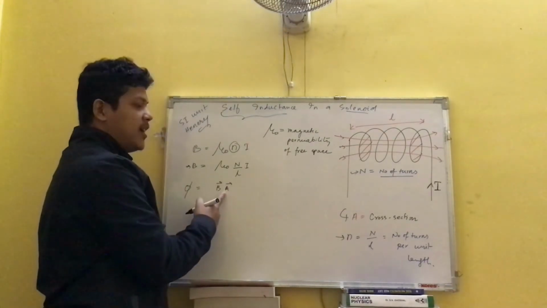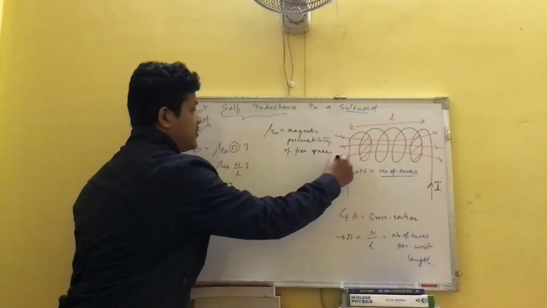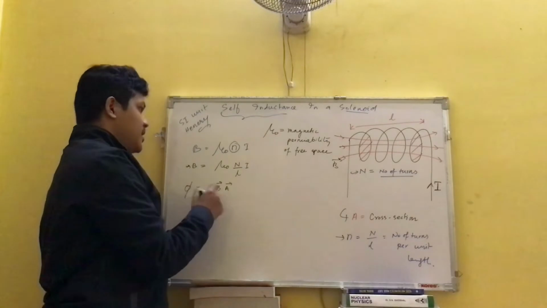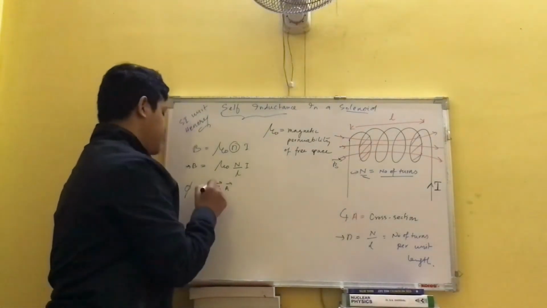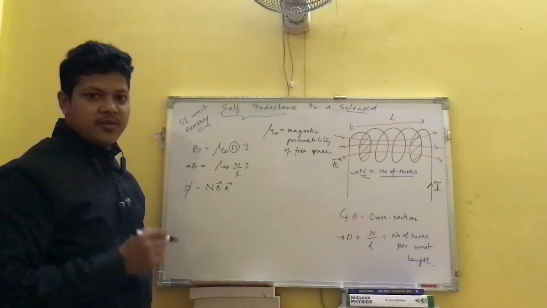A vector is the area vector, B is the magnetic field. As there are n number of turns, so we have to put here n. Hope you have understood.